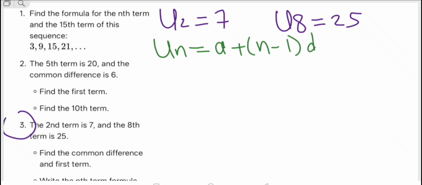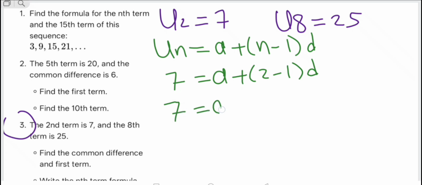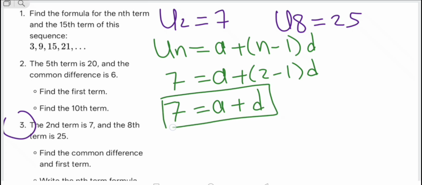So if n is 2, 7, a we don't know, n is 2 minus 1, and d also we don't know. 7 equals a plus 2 minus 1 equals 1. 1 multiply d equals d. So this is the one equation. Now we will use this one, which is equal to the 8th term. 8th term is 25.